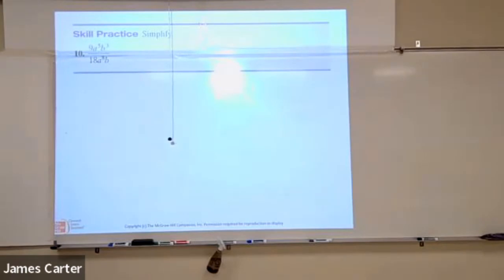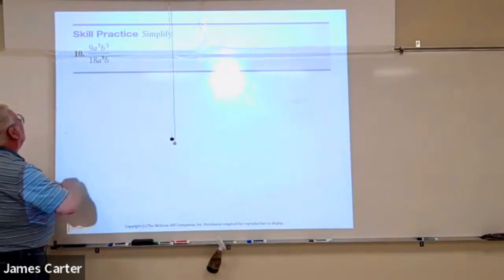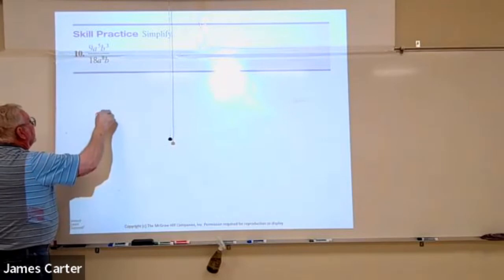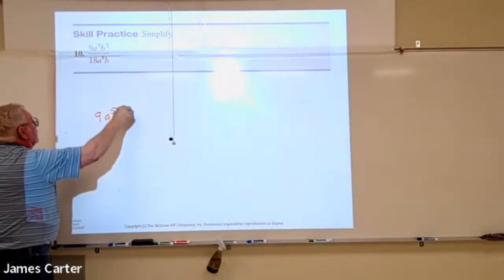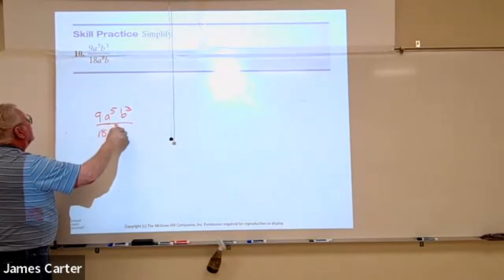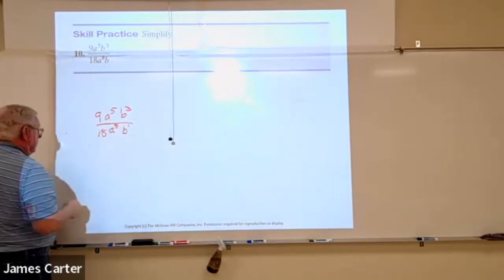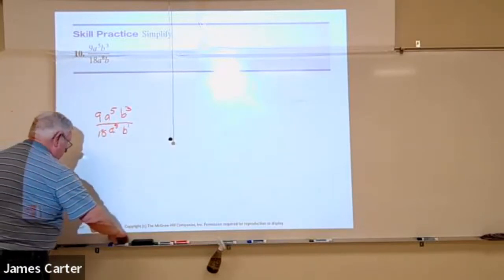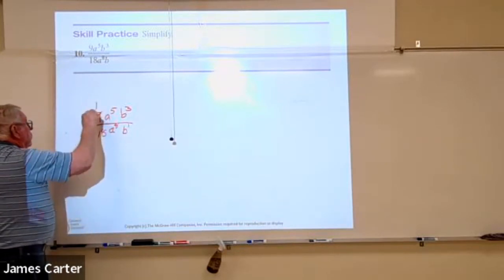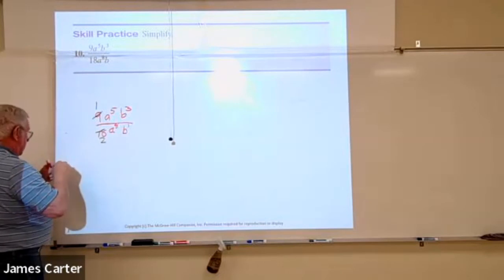Okay, here's another one. They're not going to work this one, so I get 2, right? A to the 5th, B to the 3rd, over 18, A to the 8th, B to the 1st. It's helpful to put those hidden powers in there. 9 goes once, 18 twice.